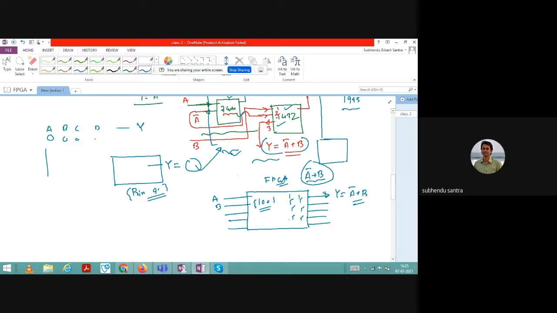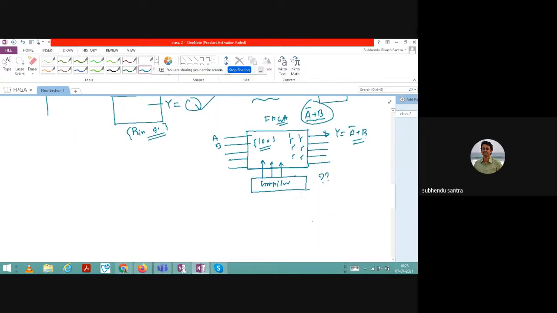But people thought, why not go for another approach: I have been given open-ended transistors, and if I can generate a compiler, and the compiler will design my circuit based on the requirement. Based on the requirement means I have to write some code in a hardware description language.